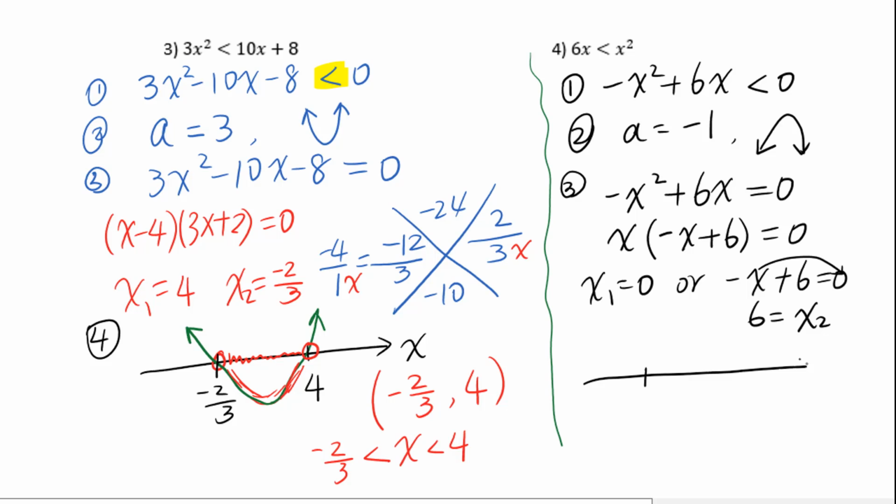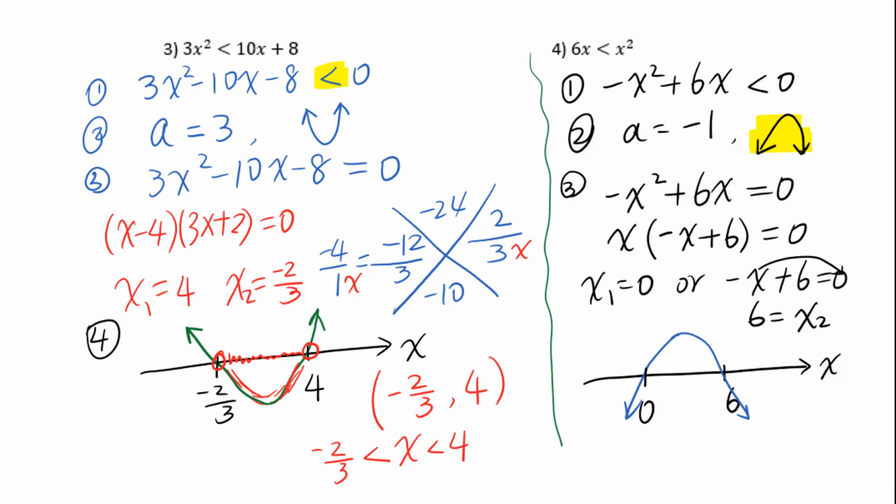Then we draw this x-axis. We have a 0. Here it's a 6. The graph is open down, so we can sketch the graph like this. Since less than 0, this is an open circle. And below the x-axis will be the solution.